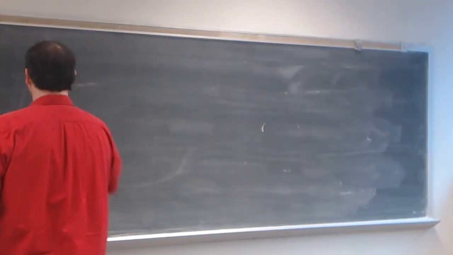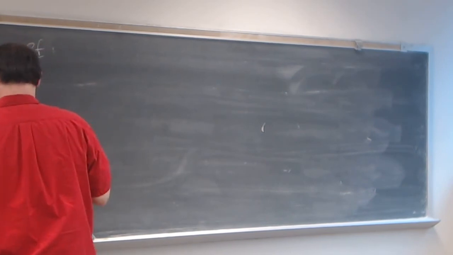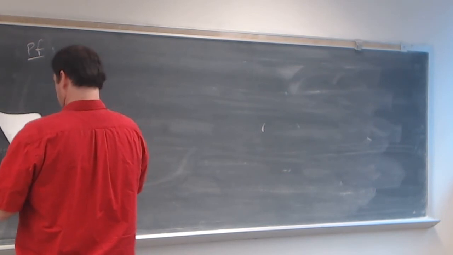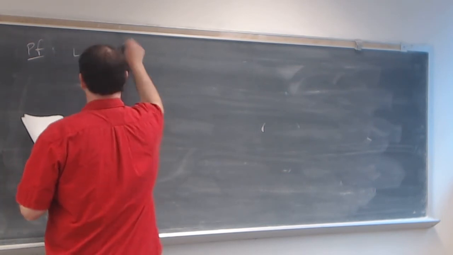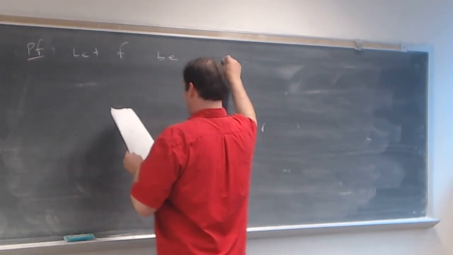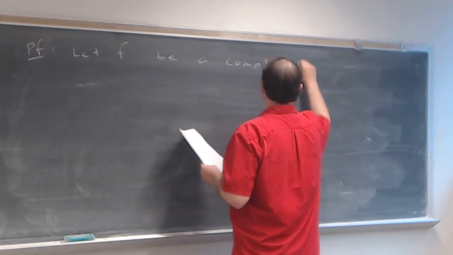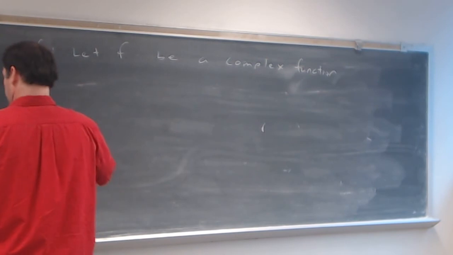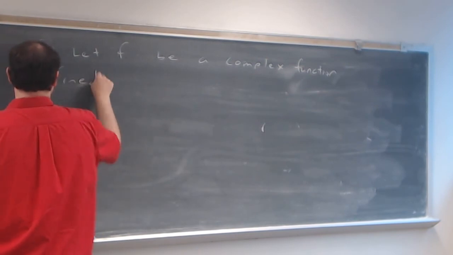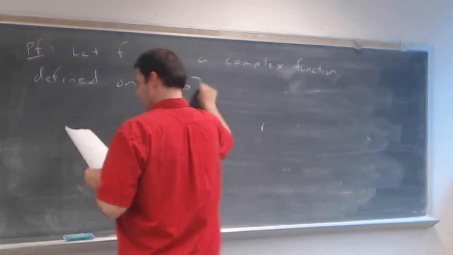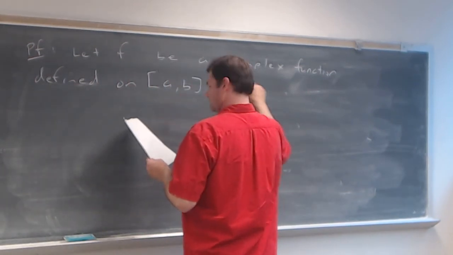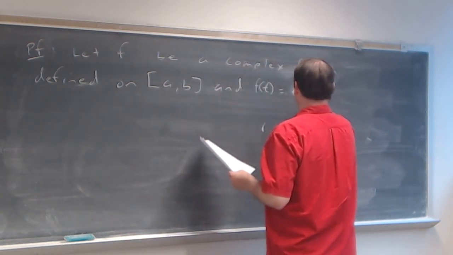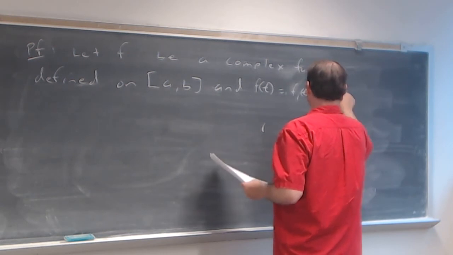So here's the proof. We'll let f be a complex function defined on a to b and f of t be equal to f sub 1 of t plus f sub 2 of t times i.